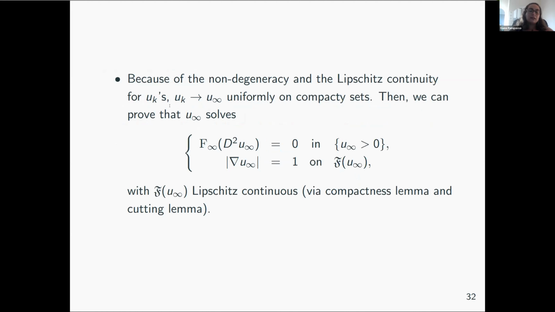And because of the non-degeneracy and the Lipschitz continuity for the U_k's, we have that U_k goes to a function U infinity uniformly on compact sets.